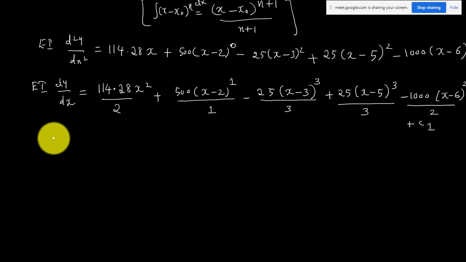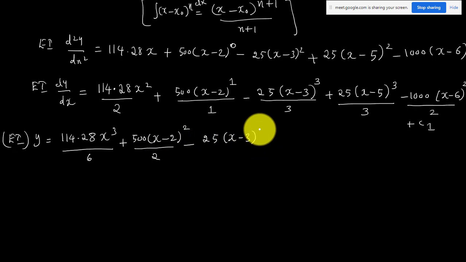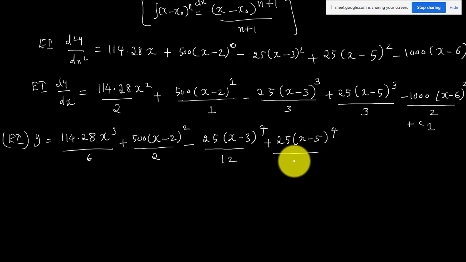To get the deflection equation, I have to do the integration once more. If you do the second integration with respect to x, you will get EI into y equal to 114.28 x cube by 6, that is 3 into 2, plus 500 into (x minus 2) square by 2, minus 25 into (x minus 3) raised to 4 divided by 4 into 3, 12, plus 25 into (x minus 5) to the 4 by 12, minus 1000 (x minus 6) to the 2 plus 1, 3, by 6.